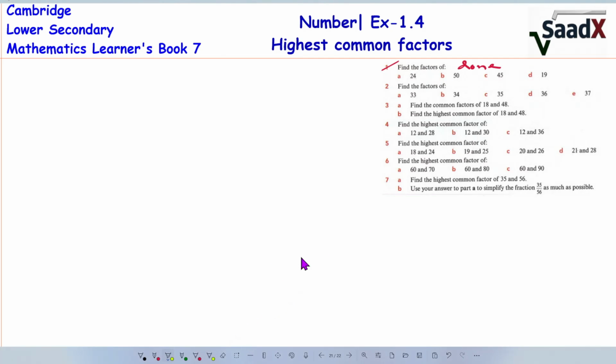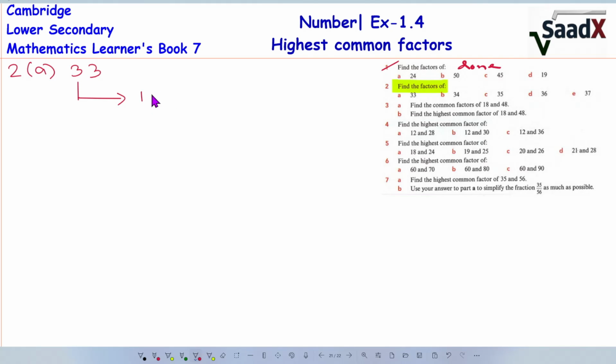Question 2. Here, find the factors of 33, 34, 35, 36 and 37. So similarly, one by one we try to solve this. 2a, 33.